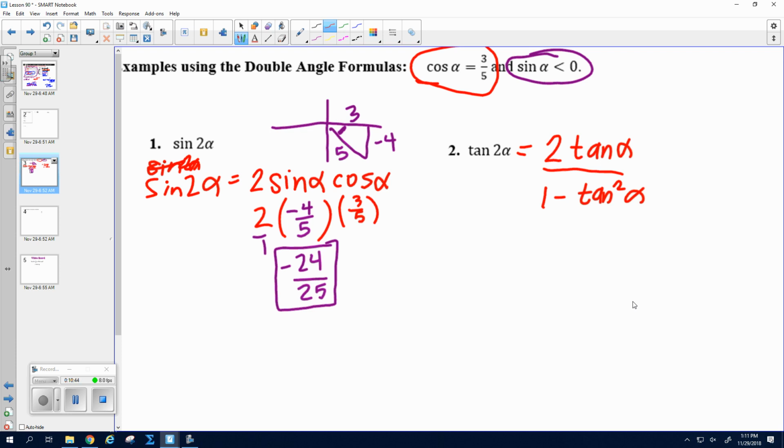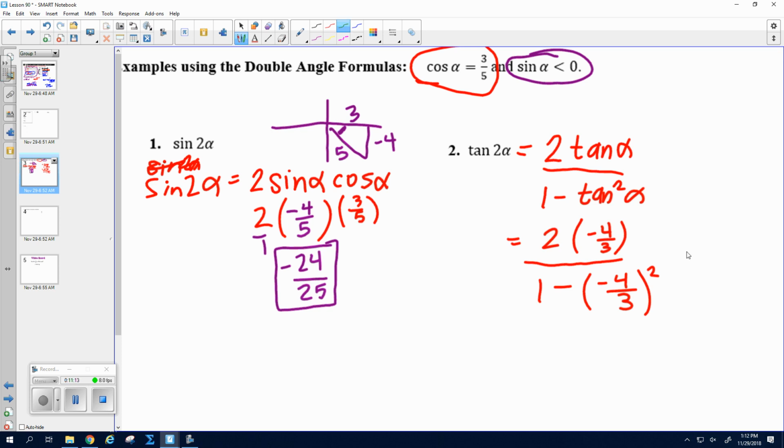We already drew the triangle, so now we can find the tangent of that triangle. Tangent is opposite over adjacent, so the tangent is negative 4/3. So I have 2, and I'm going to plug in negative 4/3. And in the bottom, I have 1 minus, and I'm going to plug in negative 4/3, but this time it's tangent squared, so I have to square that.